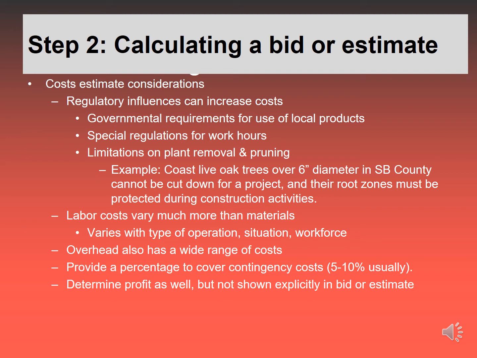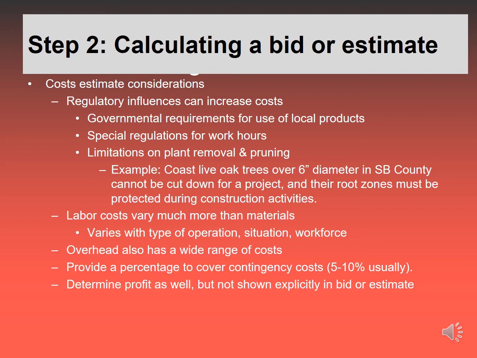One thing I know about is, for example, coast live oak trees are protected in our county. Any tree over 6-inch diameter at chest height is protected by the county, and you can't cut it down just to get it out of the way, even if the client says, oh, that tree, it's kind of scraggly, doesn't look so good, and I want it out of here because I'm putting a pool in, or etc. You cannot do that.